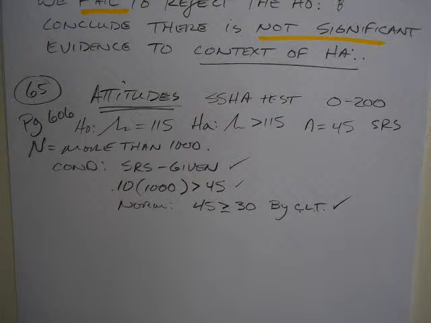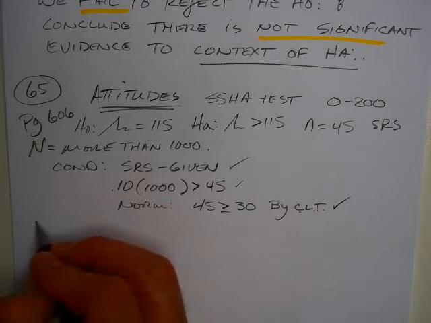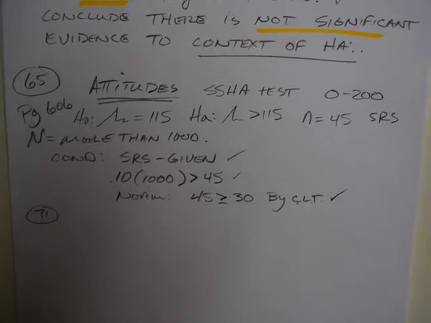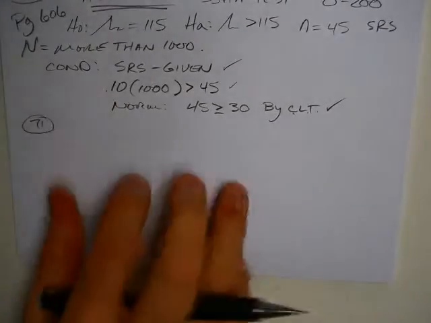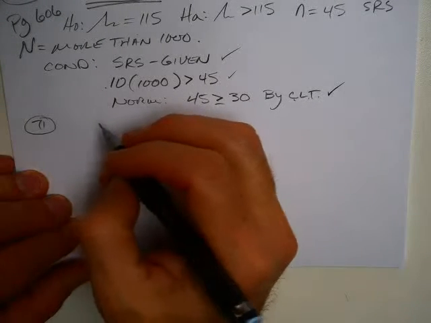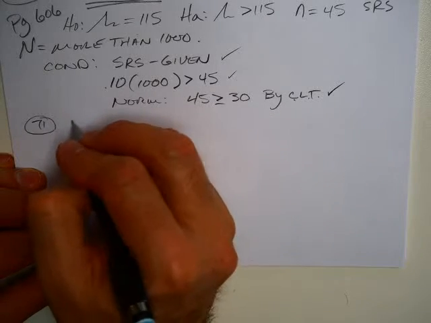But the problem comes back up in 71. 71 asks us to do more with that. So let's see if we can finish this problem off. It says that the mean score for these older students was 125.7, so that's going to be X bar.